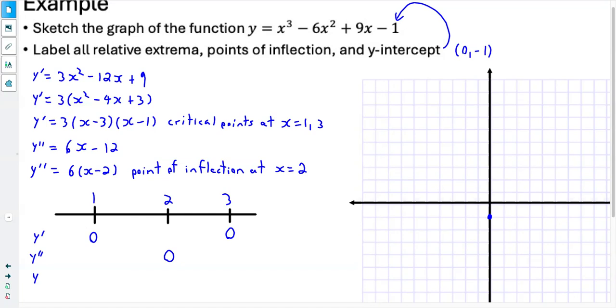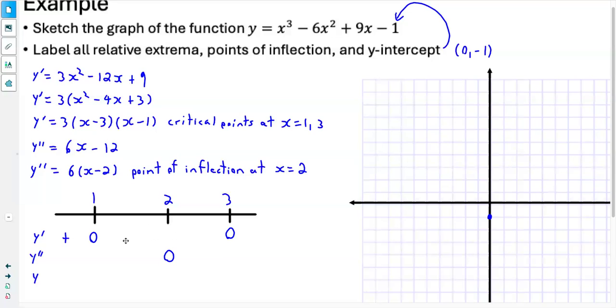We are then going to look at our equations and figure out in our intervals where things are positive or negative. So for example, for y prime, we can substitute an x value of 0. If I put 0 in for y prime, that'd give me a value of 9. So that would give us a positive in that interval.